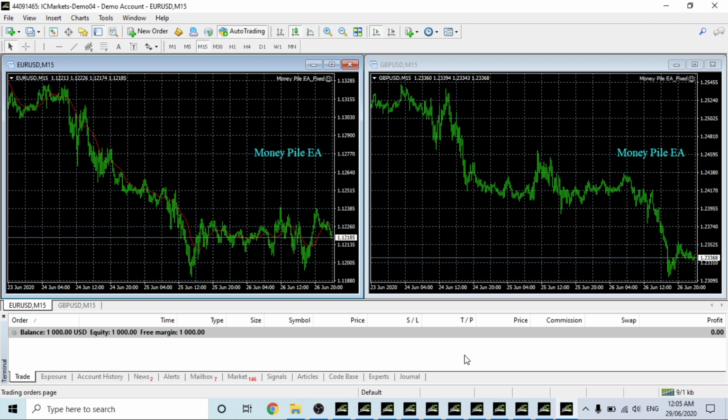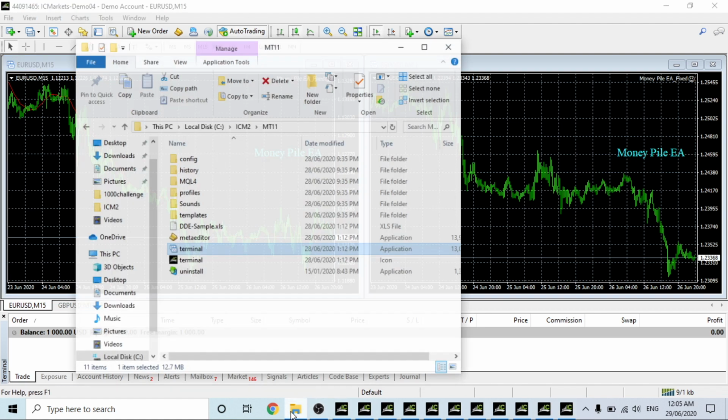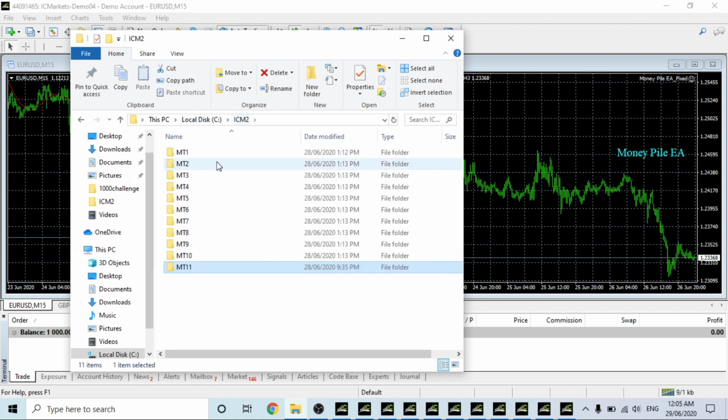Now just quickly on how I set all this up, I essentially just grabbed all the robots into a USB drive, chucked it all on there, and then to do this, all you do is just create a folder on your C drive. I called it ICM2, so ICMarkets 2. ICM1 was the previous challenge, all the robots there, so I'm just going to decide whether to delete it or just keep them all there. I don't know, because they're not connected to any accounts anymore because I got them all removed.